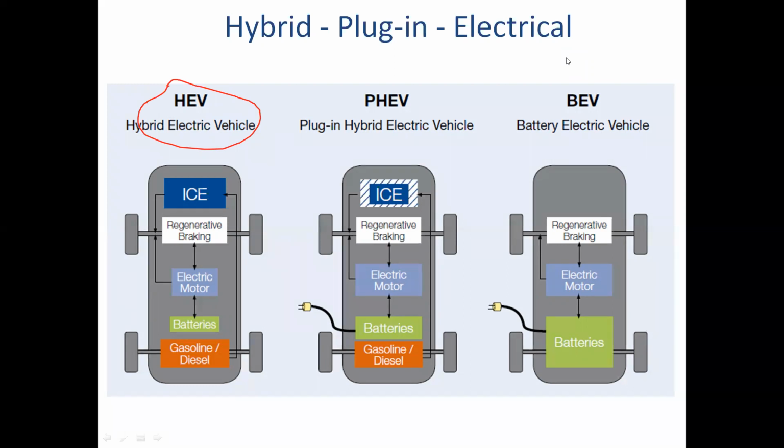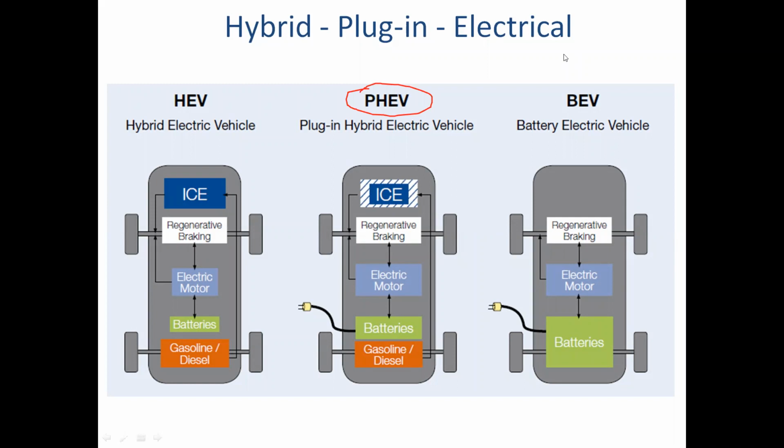So there is one more hybrid which is called a plug-in hybrid electrical vehicle. Middle one. So plug-in hybrid electrical vehicle. Now let us compare that figure with the hybrid electrical vehicle.